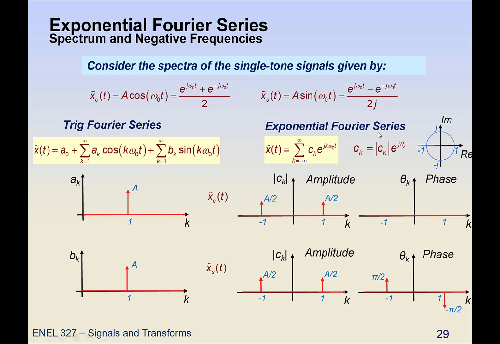And this other one has a phase of plus pi over 2. The amplitudes are still the same. So for the exponential Fourier series, when you're graphing the spectra, you have to show both amplitude and phase. And the spectra of single tones are extremely important ones to remember. They're used all the time for designing communication systems or other types of systems.